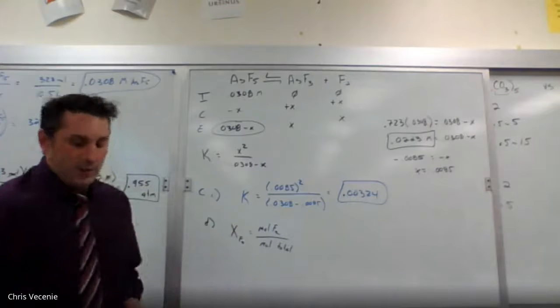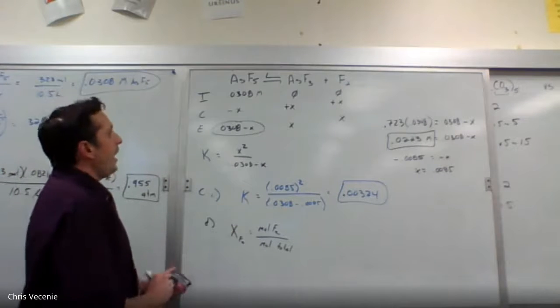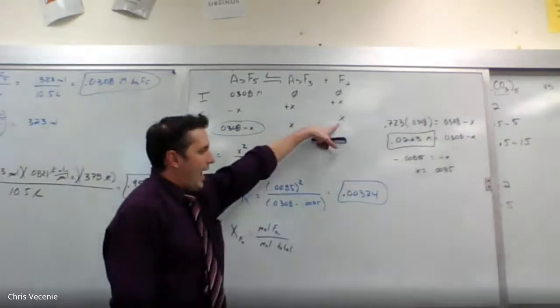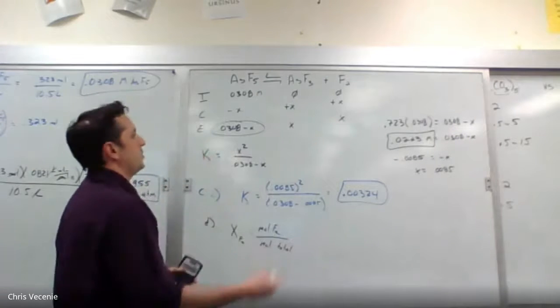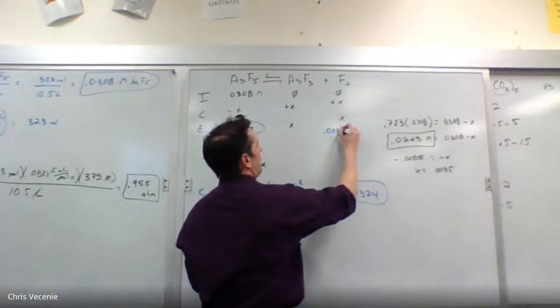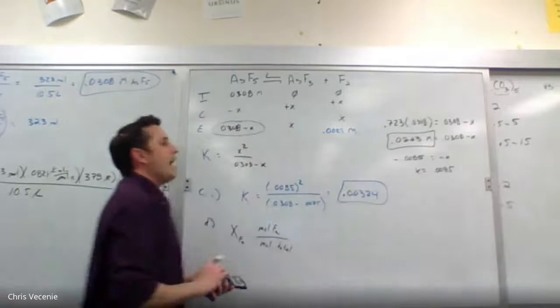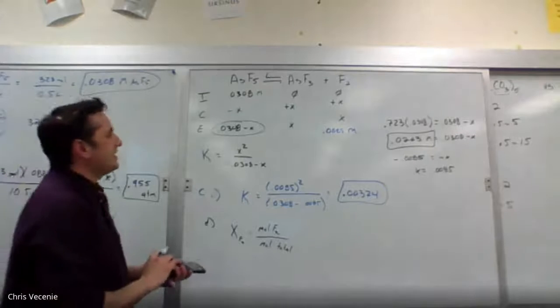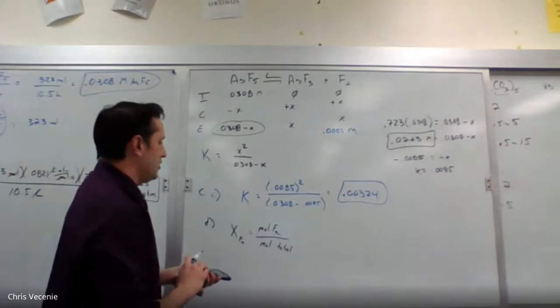So if I do that, I know that F2 is equal to X. But you got to be careful. If this is 0.0085 molar, I have to use the 10.5 liter container to convert it into moles.